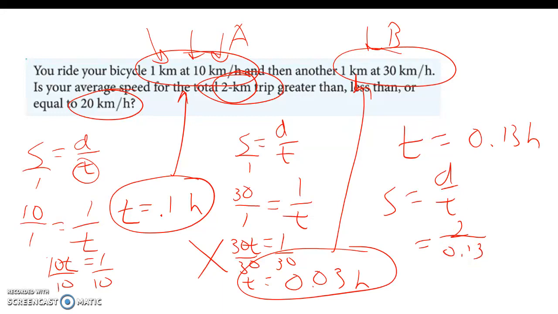So I just take 2 and divide it by 0.13, and I get a speed of 15.4 kilometers per hour. So is it less than, greater than, or equal to? It's definitely less than. But you have to find it for each separate situation and then bring them back together. You'll have some problems with this on the homework.